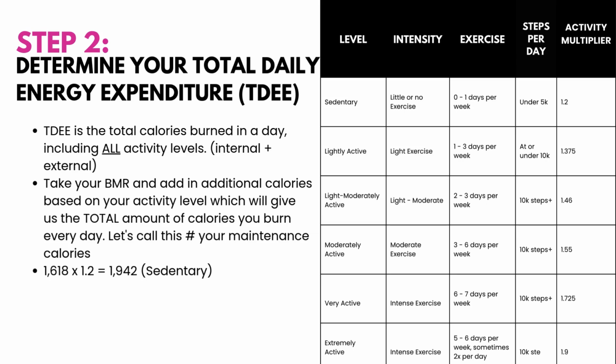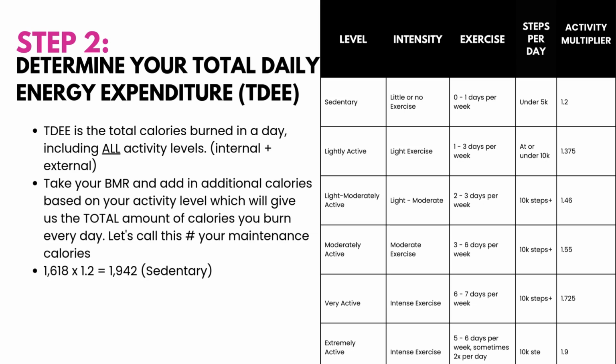Now for our example of the 41-year-old woman, her BMR is 1,618 calories. So we're going to take that number and multiply it by 1.2. The reason why we're multiplying it times 1.2 is because she has a sedentary lifestyle. And according to our chart, our activity multiplier, we would multiply times 1.2.